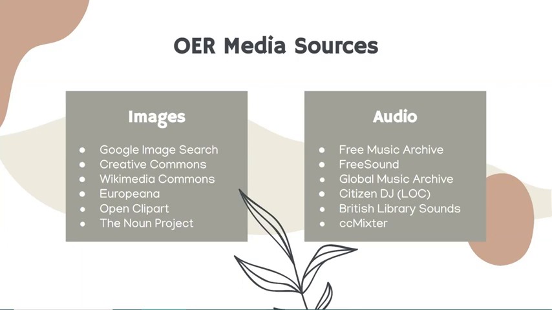The last two resources that I want to mention are associated with large national libraries. The Library of Congress's Citizen DJ, created by Brian Fu, allows users to explore the library's recordings to create and download original beats and sounds.